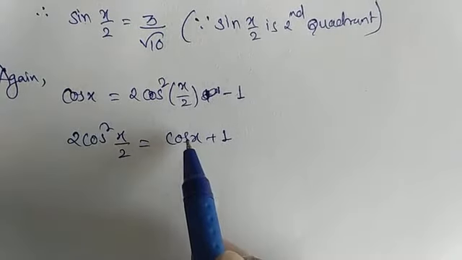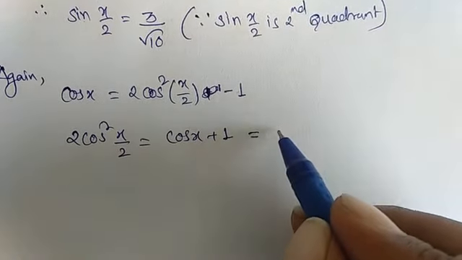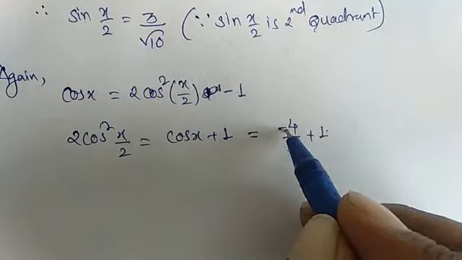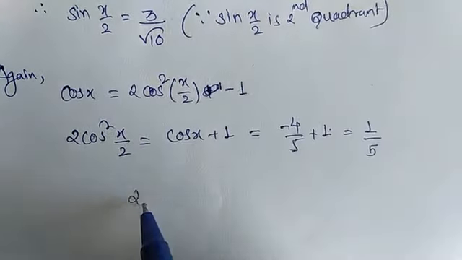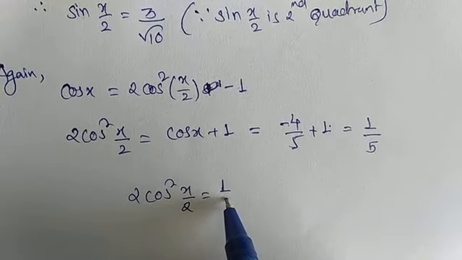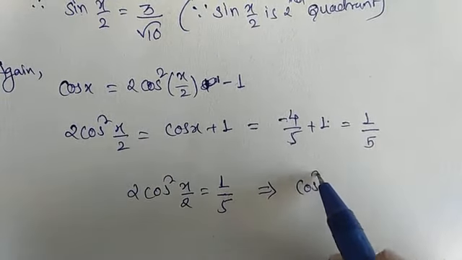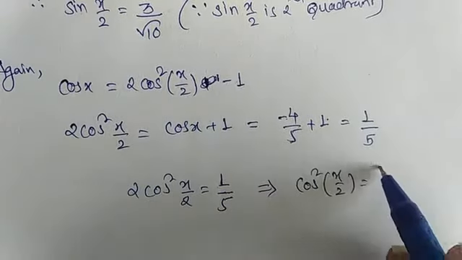Now we put the value of cos x as minus 4 upon 5 plus 1. So that is minus 4 plus 5, which is 1 upon 5. So 2 cos square x by 2 is equal to 1 upon 5, which implies that cos square x by 2 is equal to 1 upon 10.